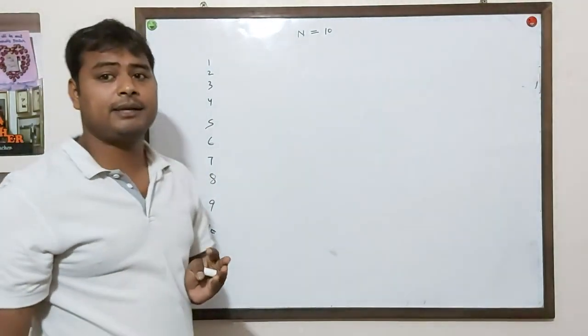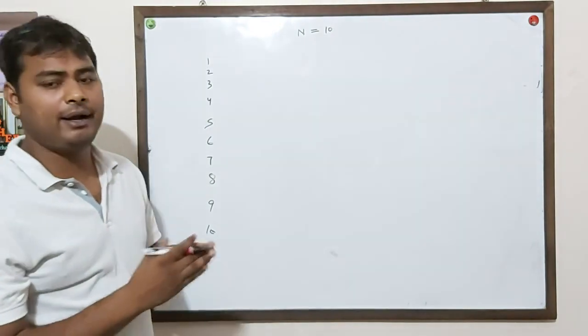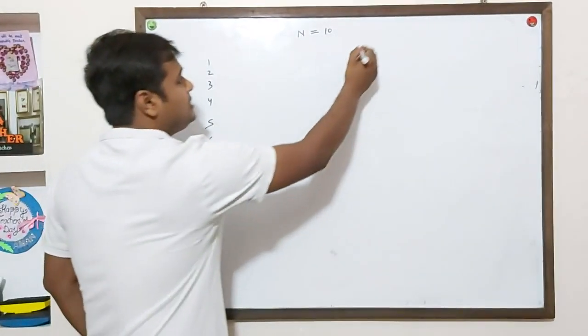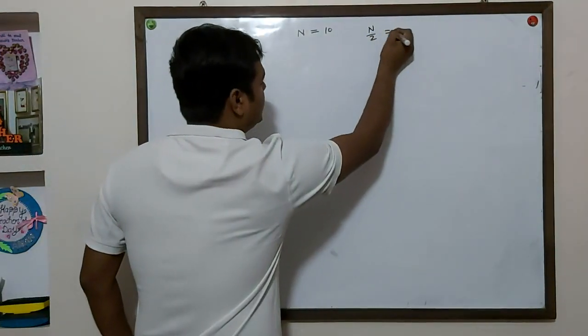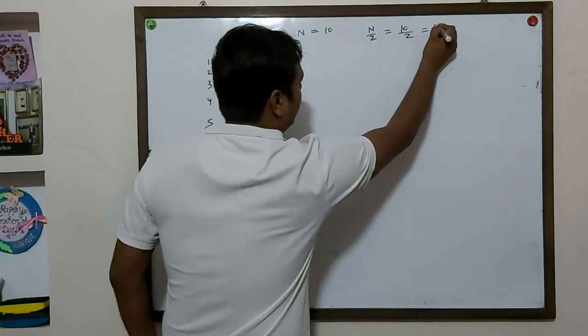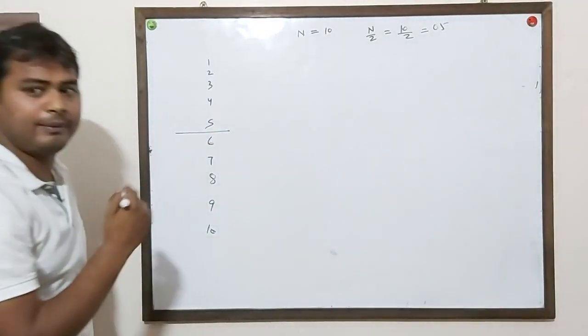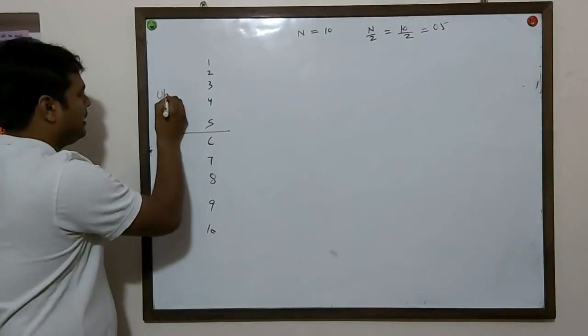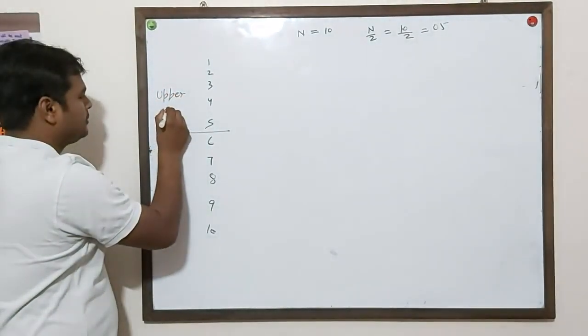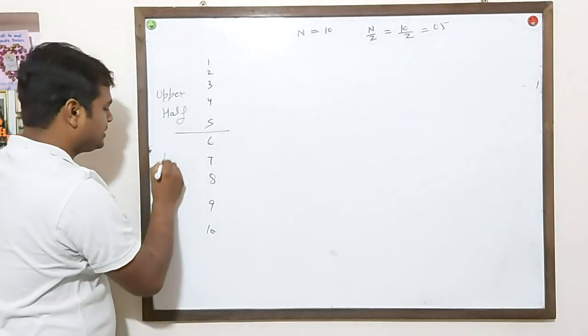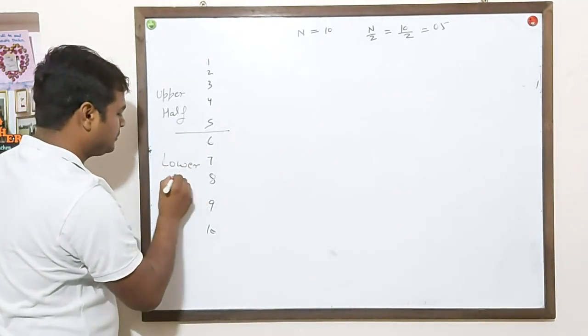Now the next step is dividing the teams into upper half and lower half. The formula is n upon 2, means 10 upon 2 is equal to 5. So the first 5 teams will be in the upper half, the next 5 teams will be in the lower half. This is our upper half and this is our lower half.